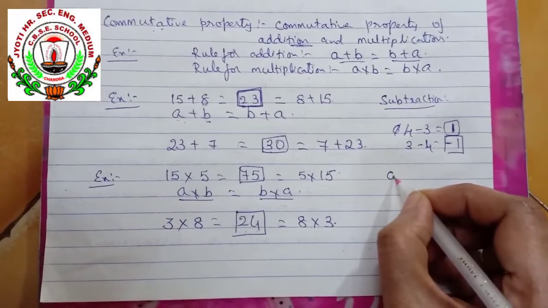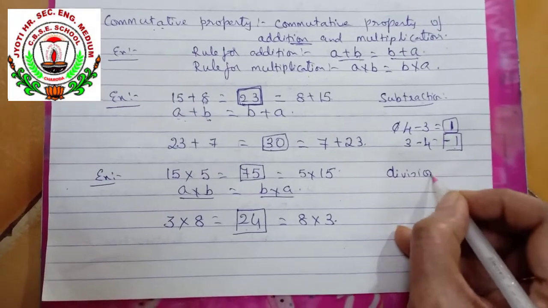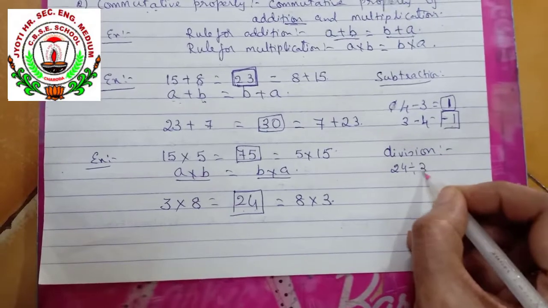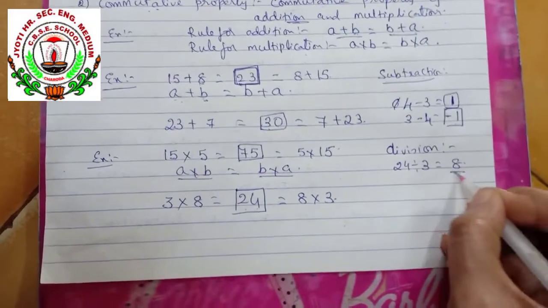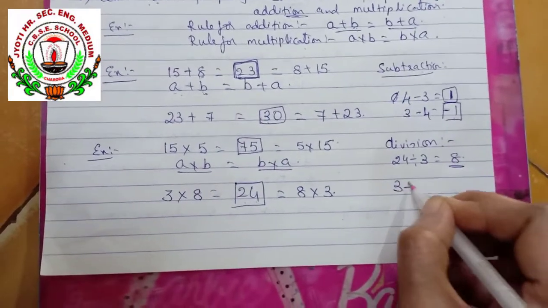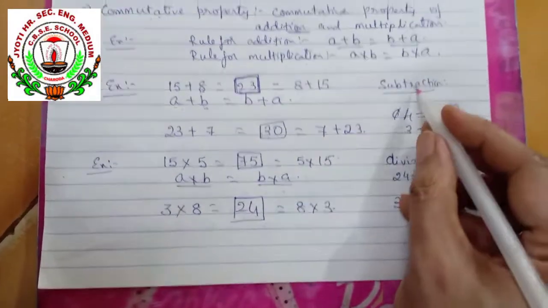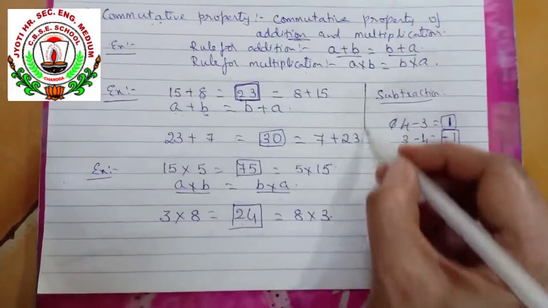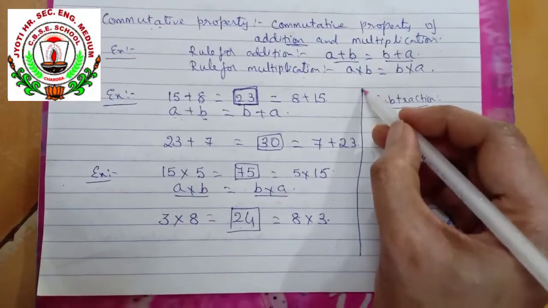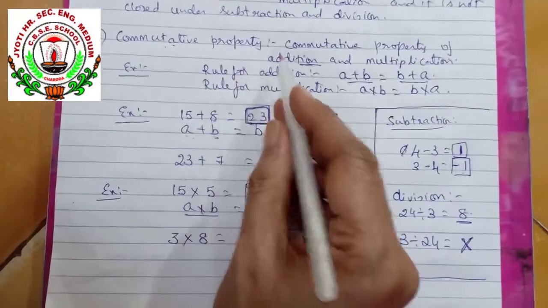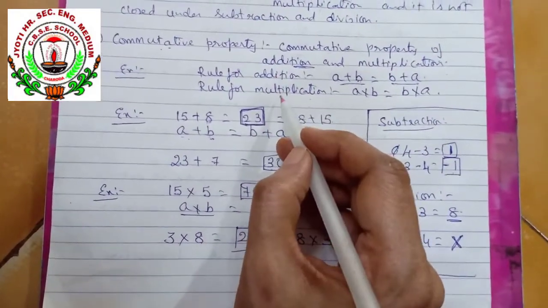When I go for division, 24 divided by 3 is 8, but 3 divided by 24 is not the same. So the commutative property does not hold for subtraction and division. The rule is only for addition and multiplication.